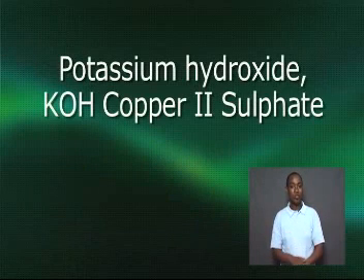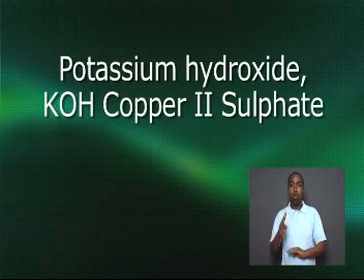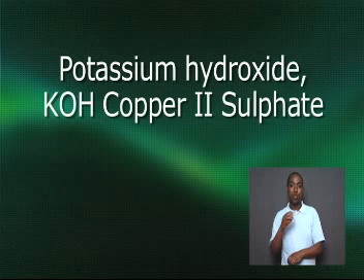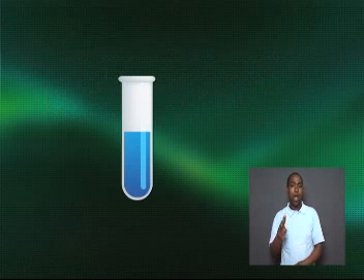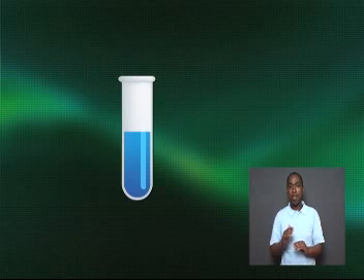The Biuret reagent is a blue substance made of potassium hydroxide and hydrated copper 2 sulfates. The Biuret reagent is added to the substance in a test tube.